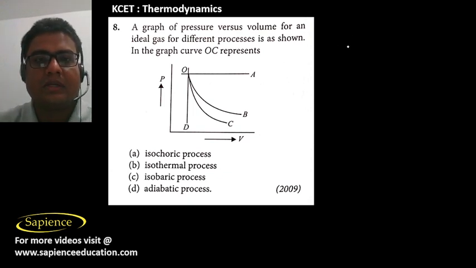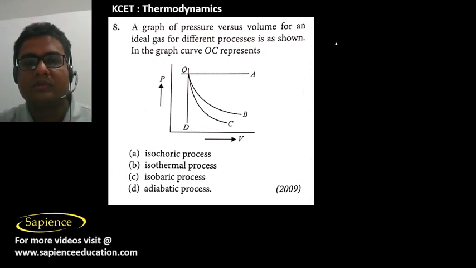Then it is told, a graph of pressure versus volume for an ideal gas for different processes is as shown.